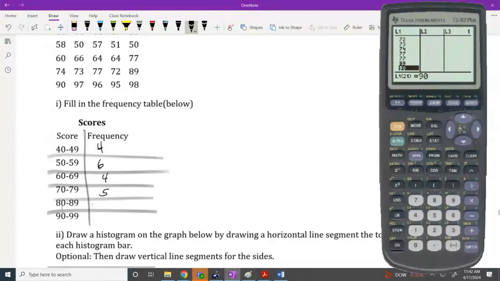Since this class is 80 to 89, well, looks like it's only 1, right, for that one. It's only 1 for that one. And then 90 through 99, there are 5, right? 5.